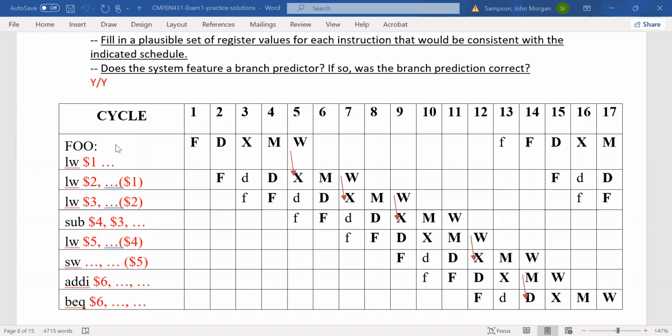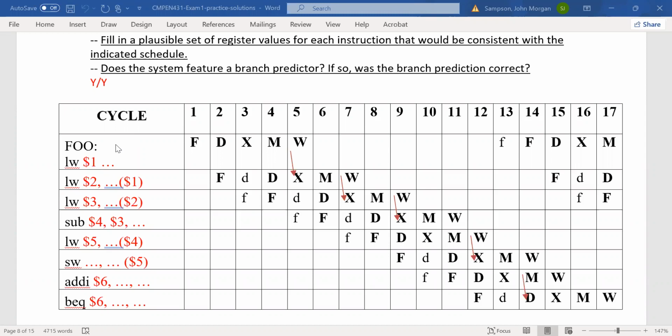So it must be waiting for data from here. Same thing here. I have a subtract. I know I'm dependent on that immediately preceding load. And logic goes on. Now here, these 2 are independent. There's no relationship between them. Could be anything.